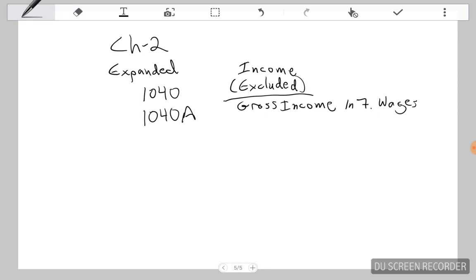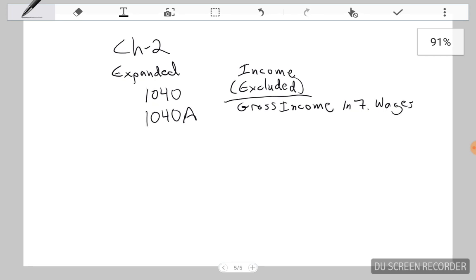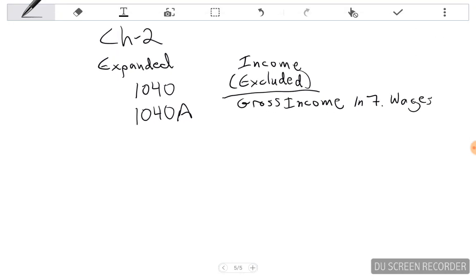Okay, next, after gross income, we have these 4 AGI deductions. Okay, and then when you subtract these 4 AGI deductions, you get your adjusted gross income. So this is a very important landmark.